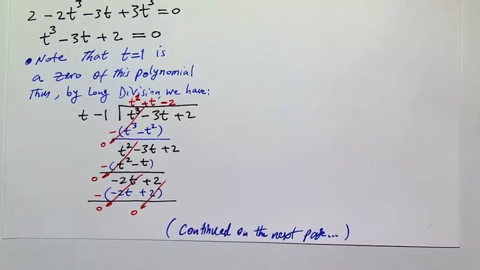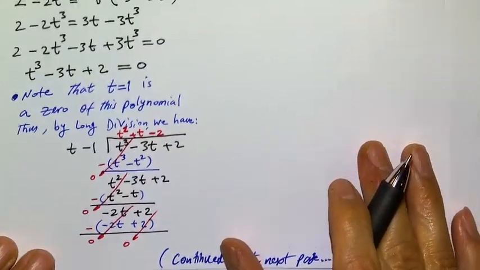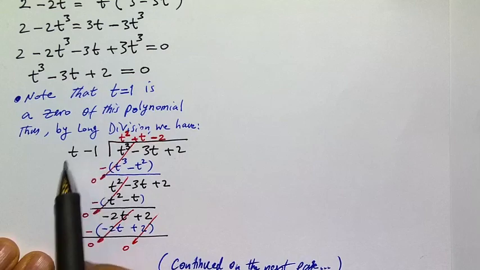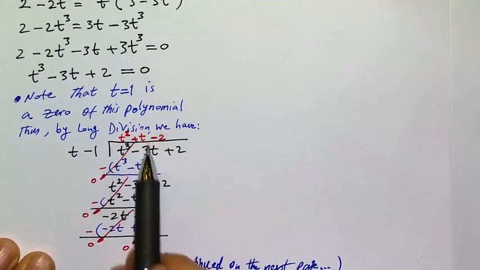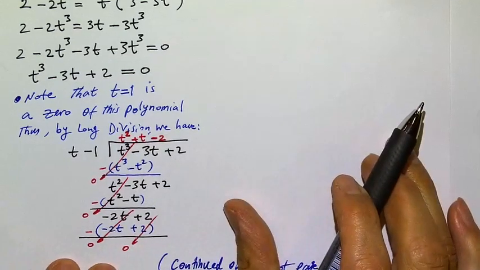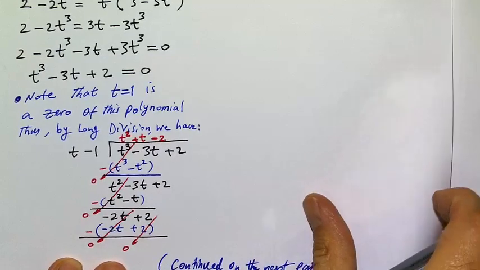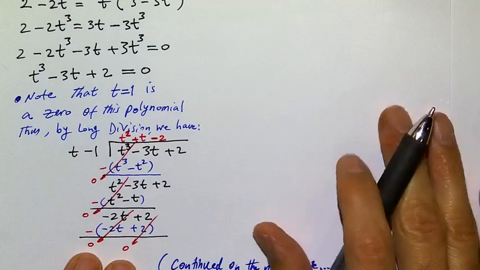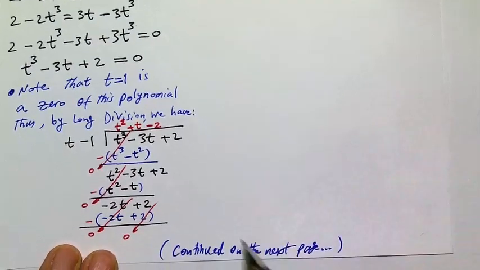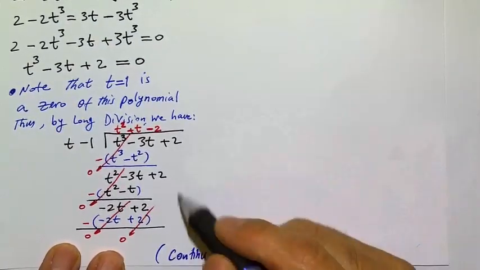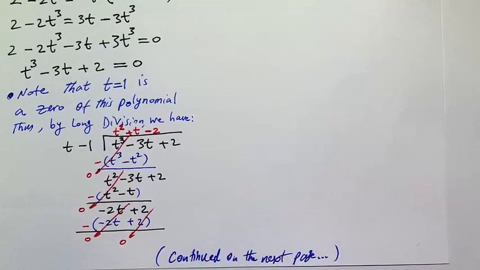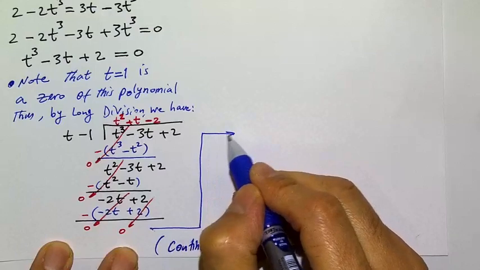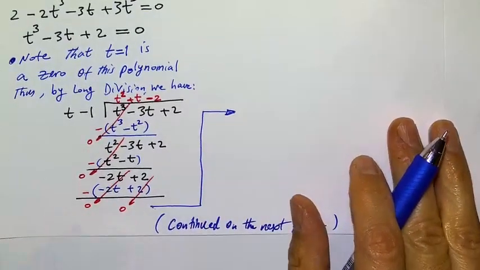So what we found is that this expression can then be factored into t minus 1 times all of this. So let's write that here. Let me write it on this page since I have a little bit of space left, and then I'll go to the next page. I want to write that over here, right next to it.